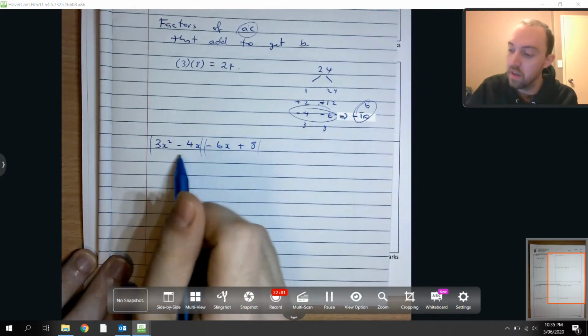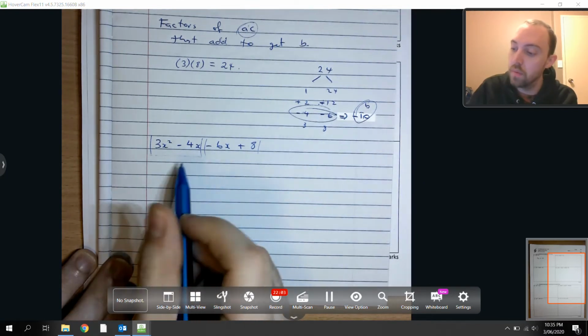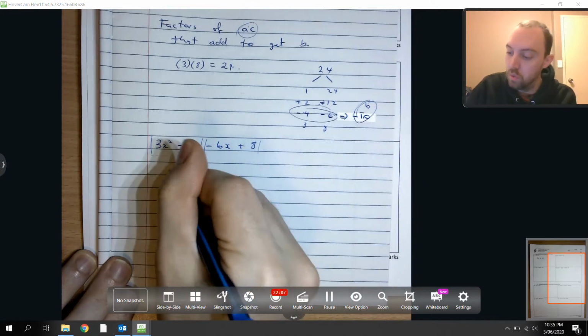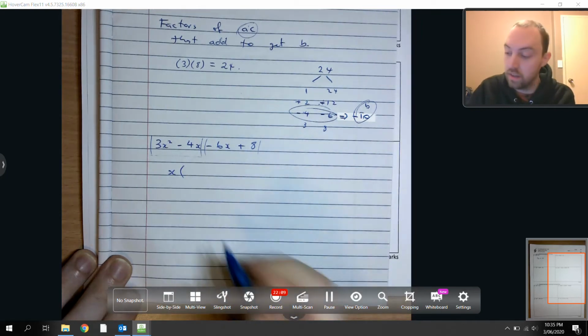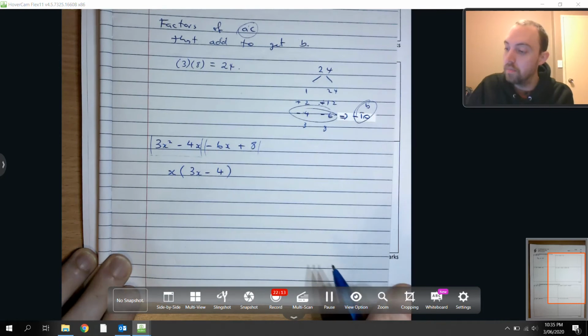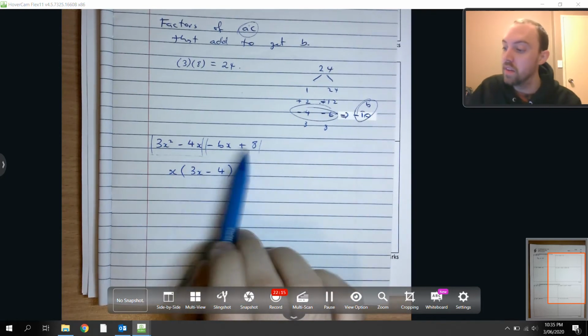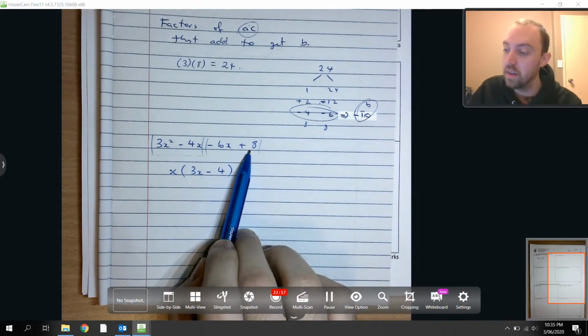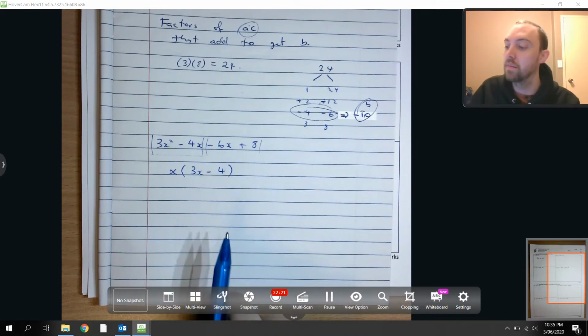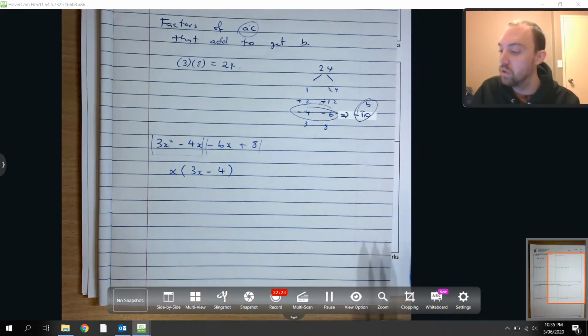So I'm going to bring out a common factor for these first two terms. 3 and 4 don't have any factors, but x squared and x do. Common factor of x. 3x take 4. 6x and 8, no x is common to them, but 8 and 6 can both be divided by 2.